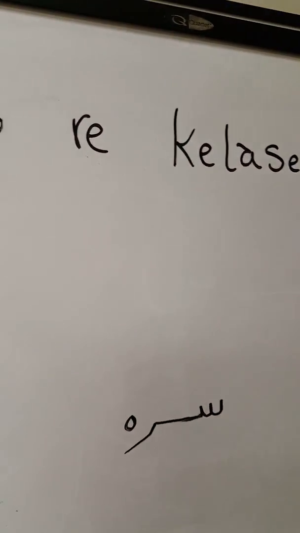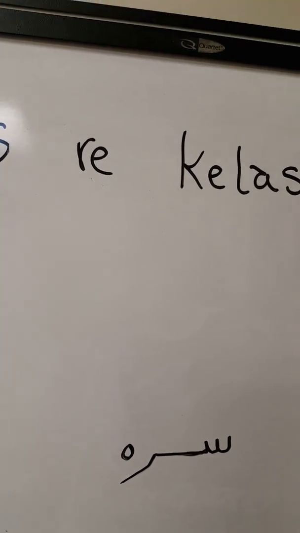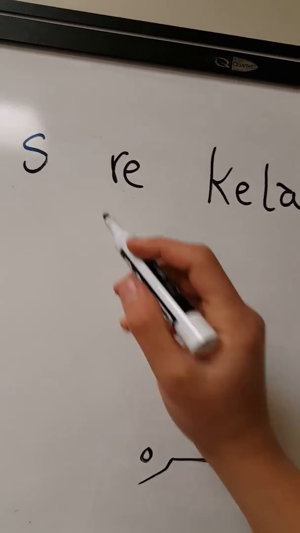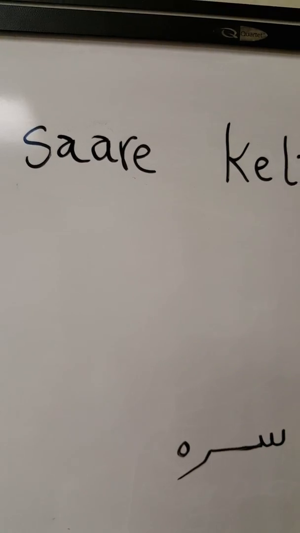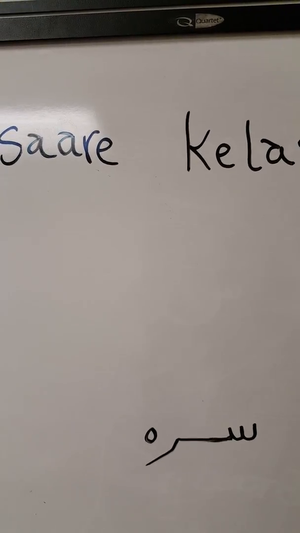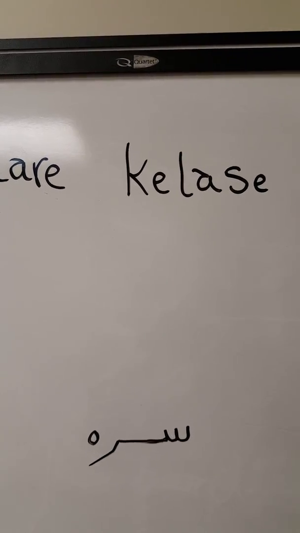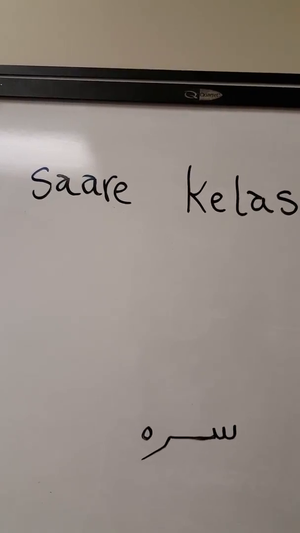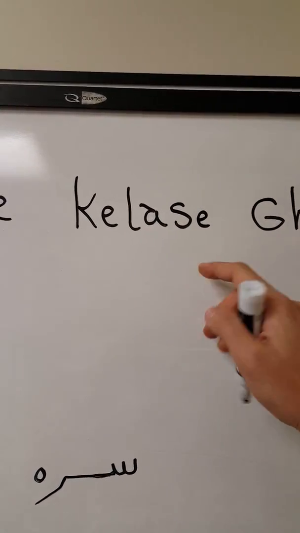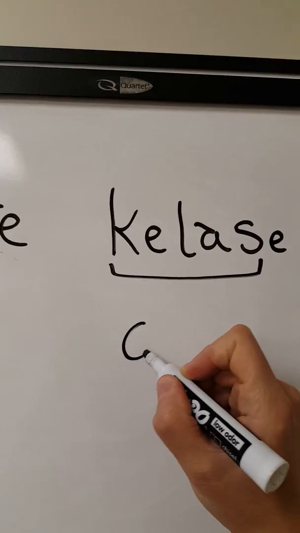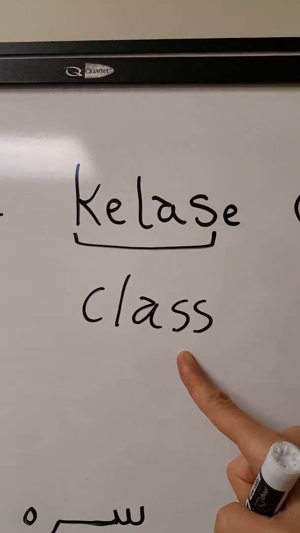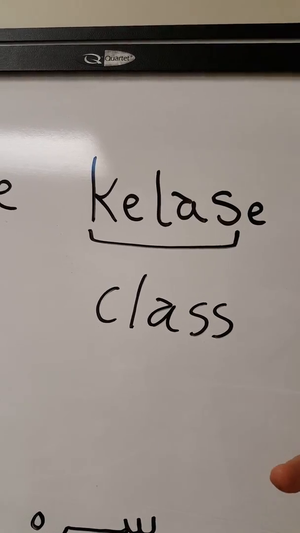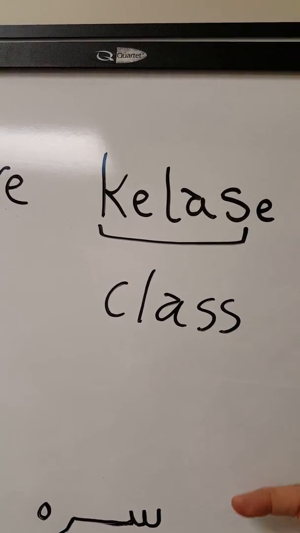I tried to translate the word Sare last video, but I didn't do a very good job, so I'm going to give a couple of examples about the word Sare. Sare kelas. So kelas is similar to the word class, which basically refers to a school class, not a social class.